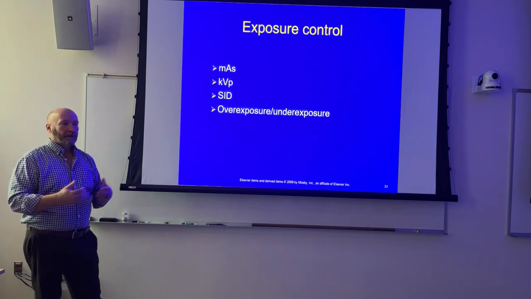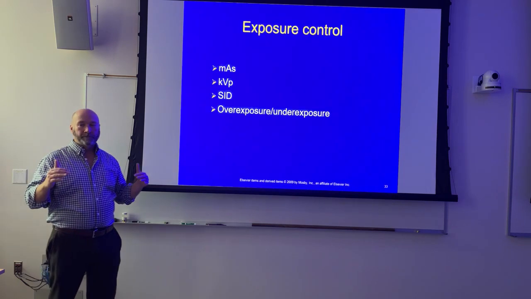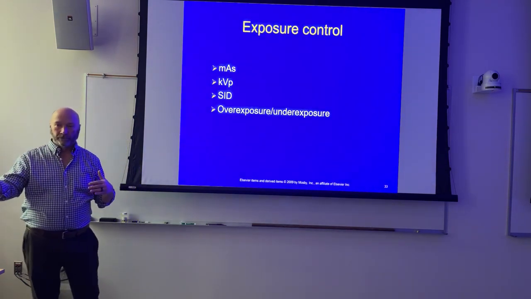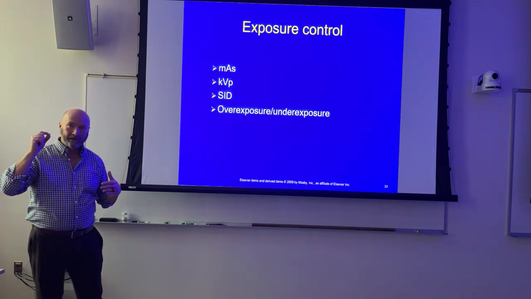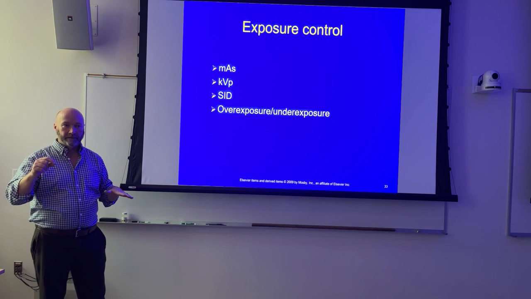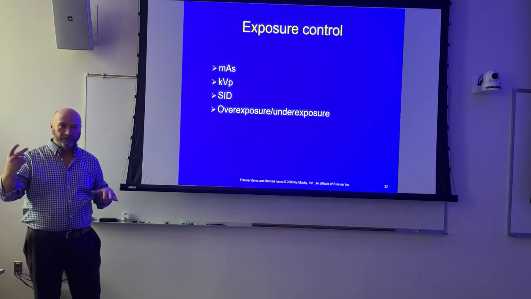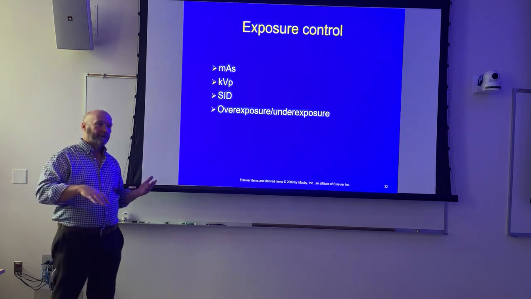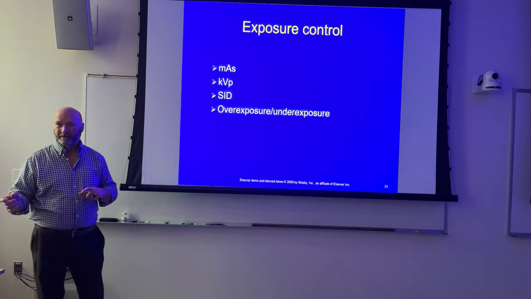Let's say your perfect number is 200. If you overexpose the patient by a factor of 2, there's a direct relationship in most of those cases between your exposure and that index number. So if you overexpose the patient by 2 and your perfect index number is 200, then your index number is probably going to be 100. Does that kind of make sense?